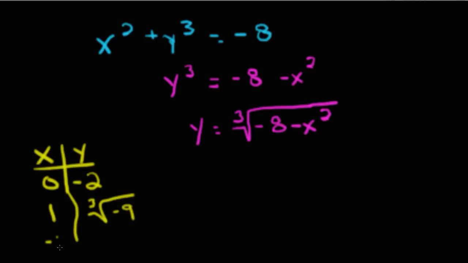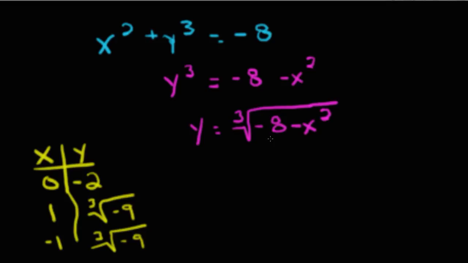And when x is negative 1, we'll also get the cube root of negative 9. Now we're not going to fill in all these. Certainly we could, but the main thing that we can see just from how this equation is set up, that y equals the cube root of negative 8 minus x squared, is that there's only one possible value of y for the x's that we've plugged in here.